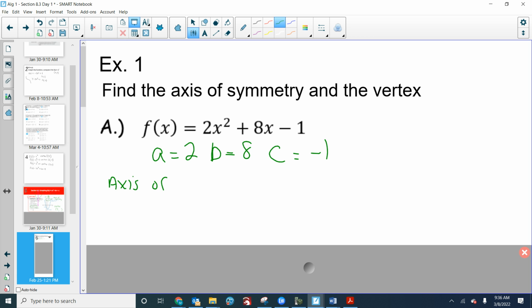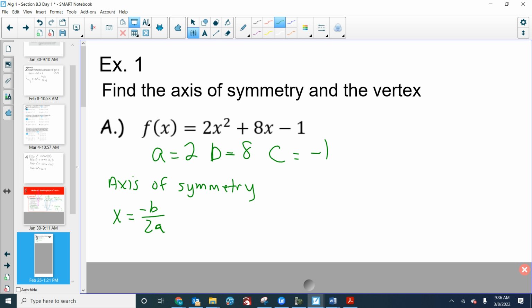Now, axis of symmetry. Guys, please write this like this, how I'm doing it. X equals negative b over 2a. You ready? Good.